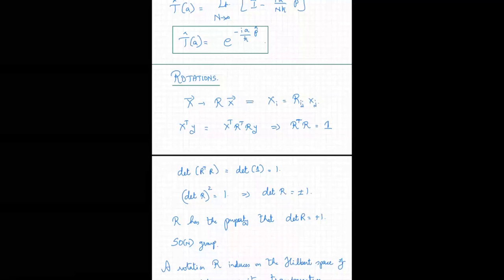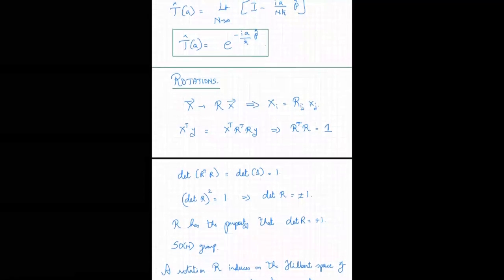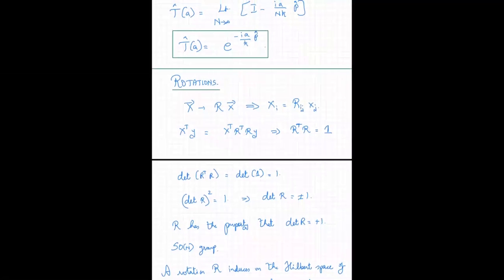This is the index way of looking at it. x1, x2, x3, x4, x5, they transform as R_ij times x_j. Any single component becomes a linear combination of the coordinates. For example, in 2 dimensions, x prime is x cos theta plus y sin theta. So it becomes a linear combination of the old coordinates.